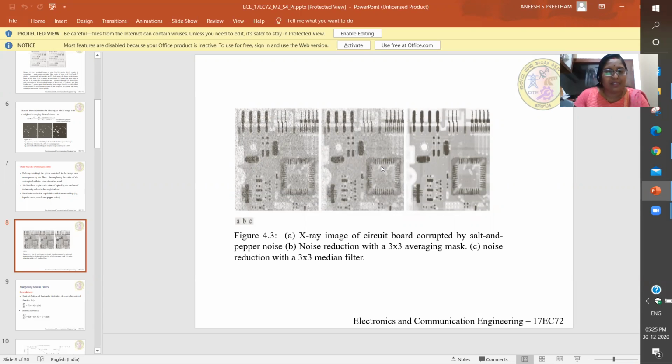The averaging filter blurred the image and its noise reduction performance was poor. The superiority of the median filter over the averaging filter in this case is quite evident. In general, median filtering is much better suited than averaging for the removal of salt and pepper noise.